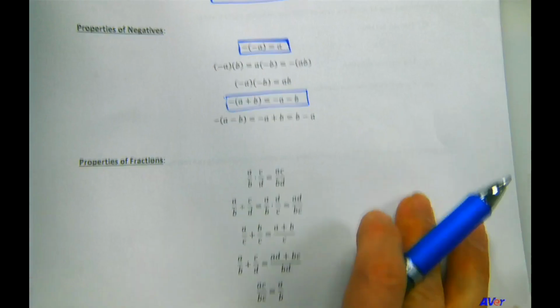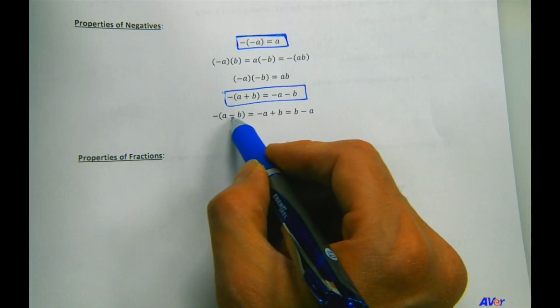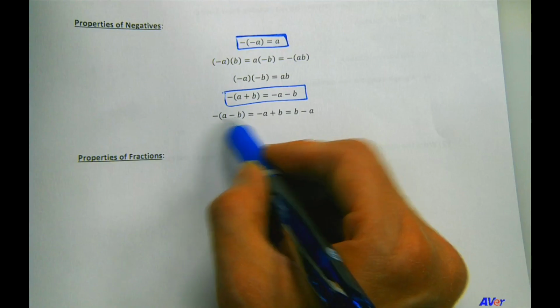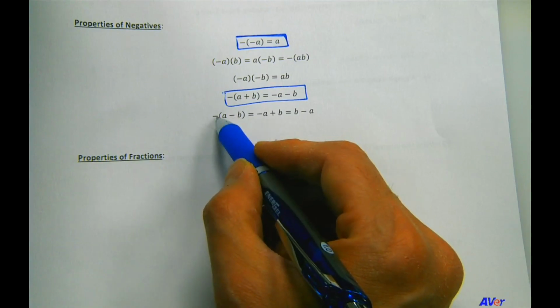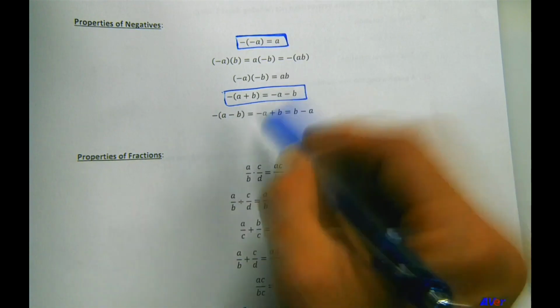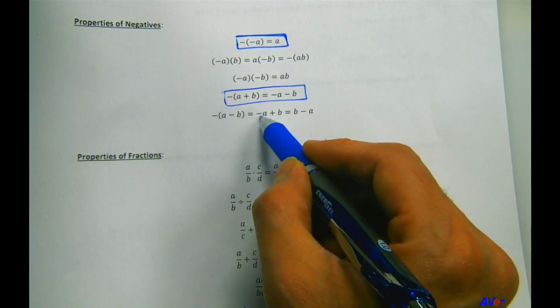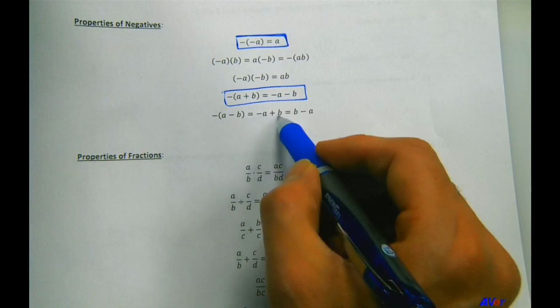And if you have a minus in front with the middle sign being negative, then this -1 multiplies itself through these terms inside the parentheses and changes the algebraic sign for those. So a was positive, now it's negative. B was negative, now it's positive.